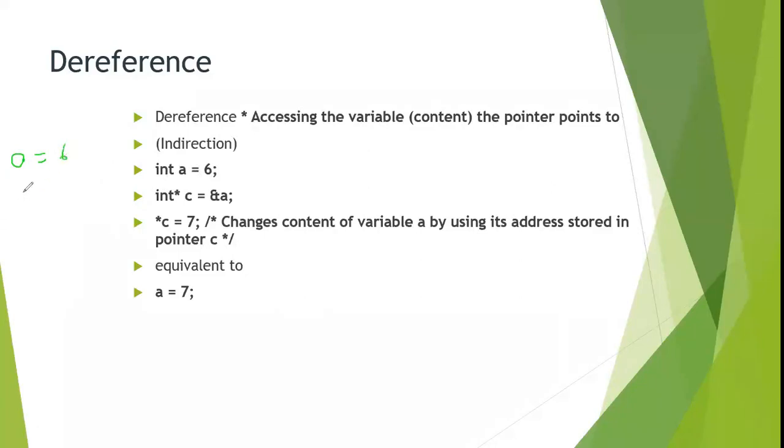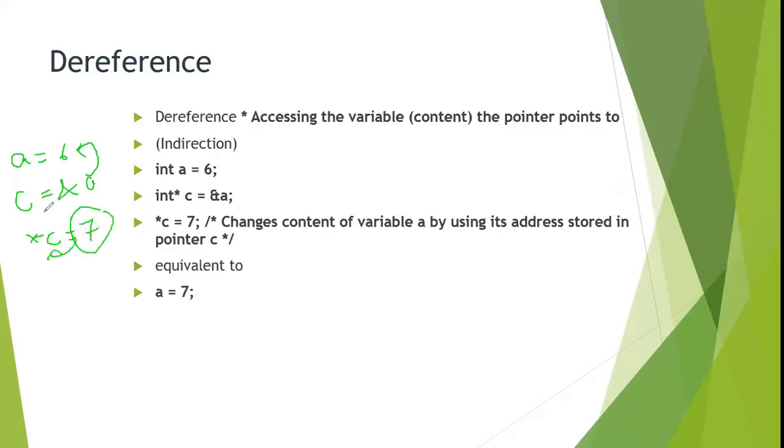The value of a is 6. Then I say pointer c equals ampersand a. That means c is pointing to the address of the variable holding 6. Then I say *c equals 7. Now I'm assigning a particular value to whom? c.